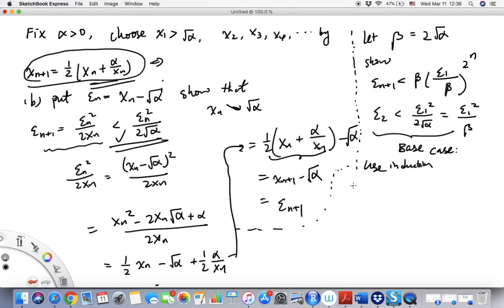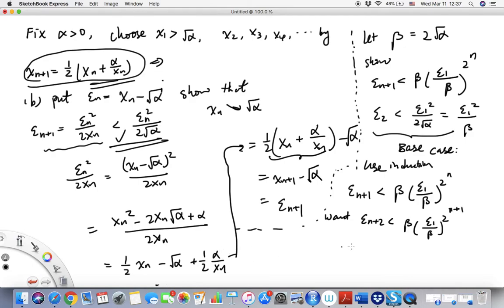So we suppose epsilon n plus 1 is less than beta times epsilon 1 over beta to the 2 to the n, and then we want to show epsilon n plus 2 is less than beta times epsilon 1 over beta to the 2 to the n plus 1.